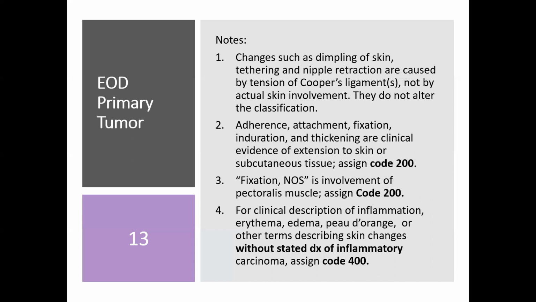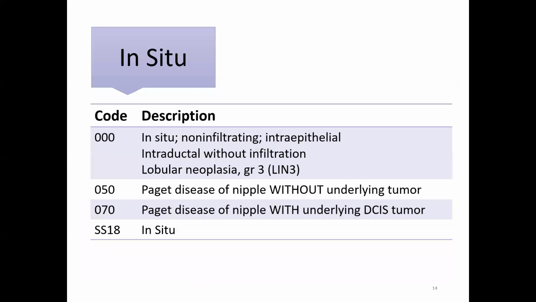For a clinical description of inflammation, redness, swelling, peau d'orange, which is that thick orange peel type skin, or any other terms that describe skin changes without clinically stating they have inflammatory carcinoma, you would assign these to 400.